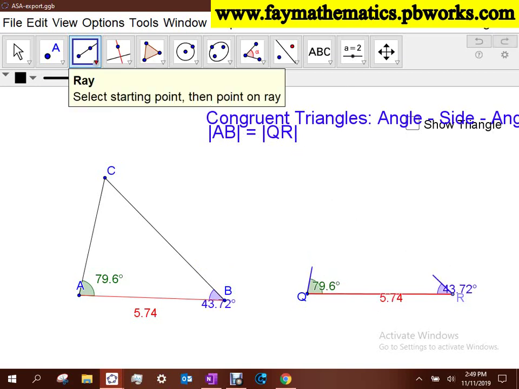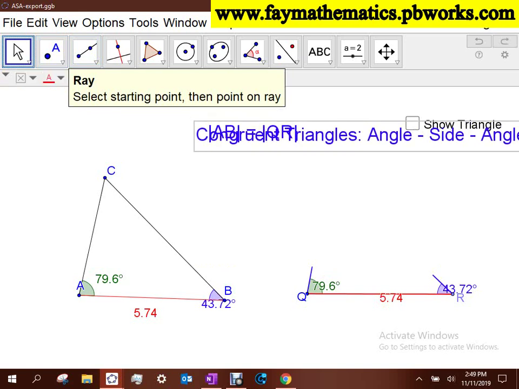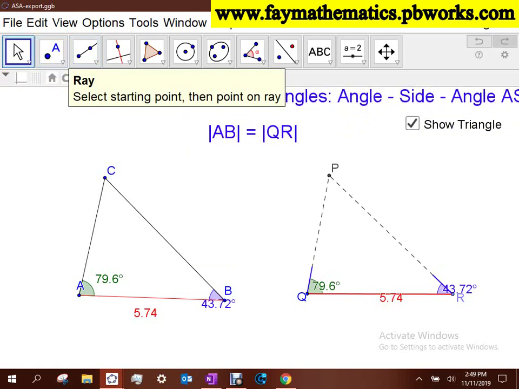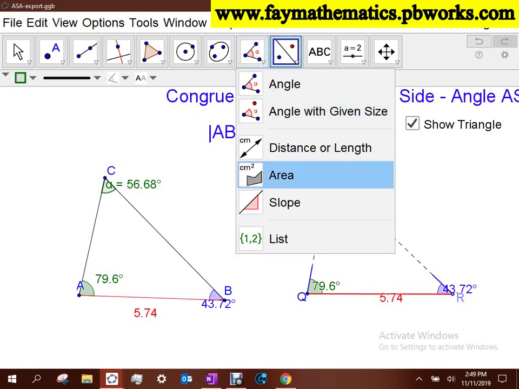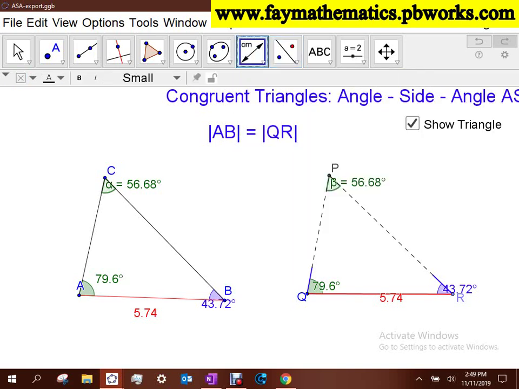Every single time that you have angle, side, angle, the extension of those third sides that we know nothing about will indeed intersect. In this case, I call it point P, but point P corresponds to angle C, or point C. Now, I never worried about these other measurements. If I find that angle measurement right there, and that angle measurement right there, they're the same, right? I never worried about finding or using distance AC.